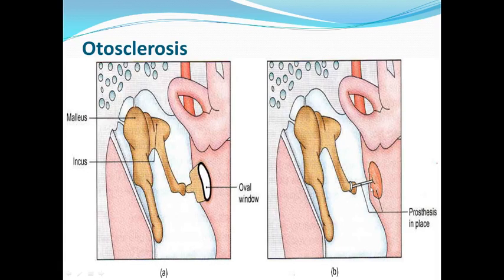You can see in this figure that the stapes is removed here, and there is a prosthesis which is placed here, and is attached to the lentiform nodule of the incus. Okay, so with this surgical intervention, this otosclerosis can be treated, and the complaint of deafness can be surgically corrected and removed.